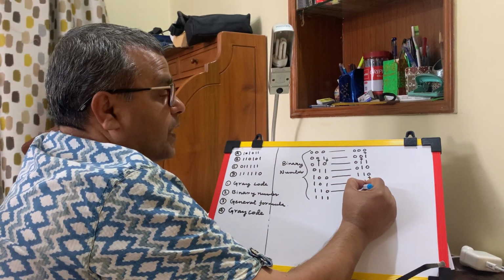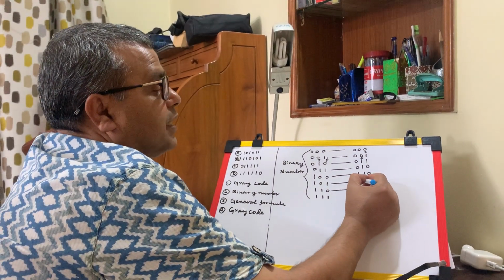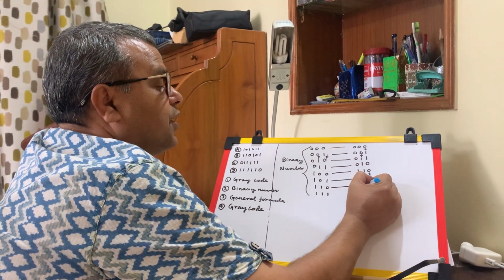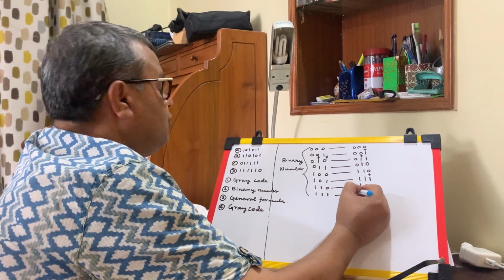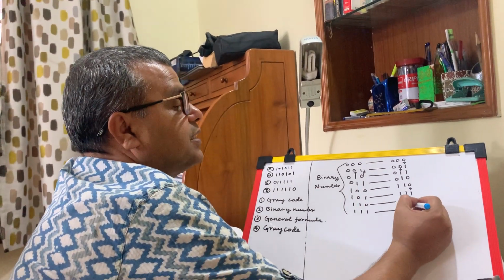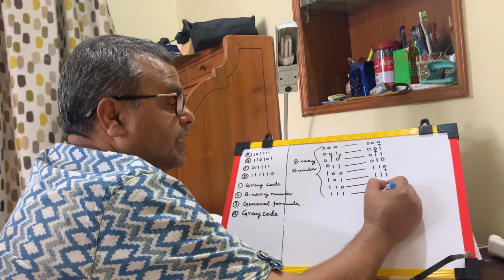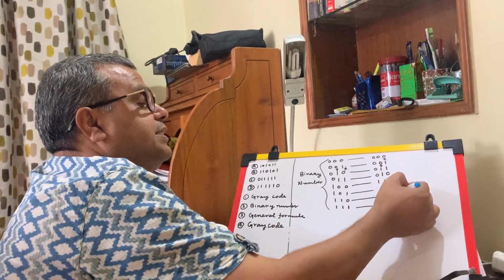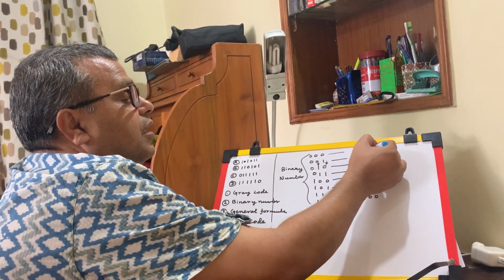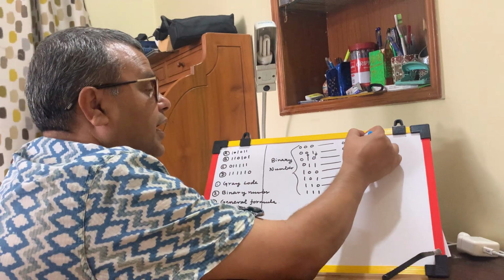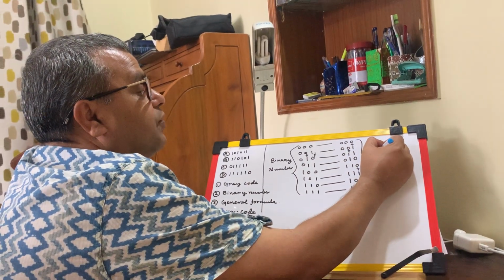In this, these bits will be kept 1, and this 1 will become 0. So you can see that only 1 bit is changing. In this, this and this will be kept the same and this one will become 0. So you can clearly see that only one bit is changing, and so we can say this is the gray code.